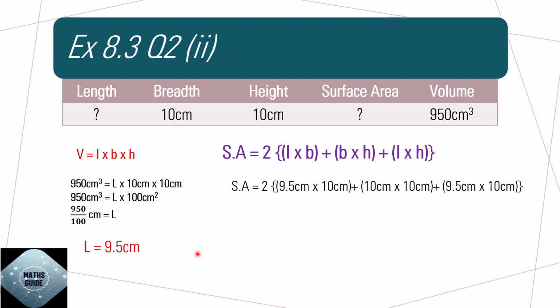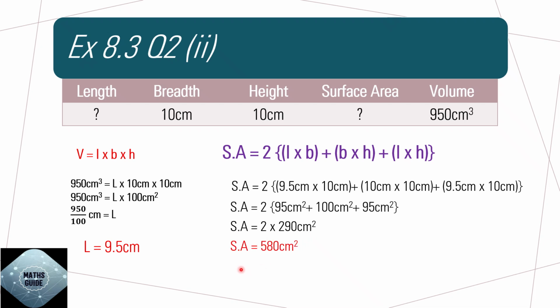After putting the values, we will multiply each bracket and we get 95 cm², 100 cm² and 95 cm² again. Now we will add them and after adding them we get 290 cm². Now multiply this value by 2. So the surface area is 580 cm².